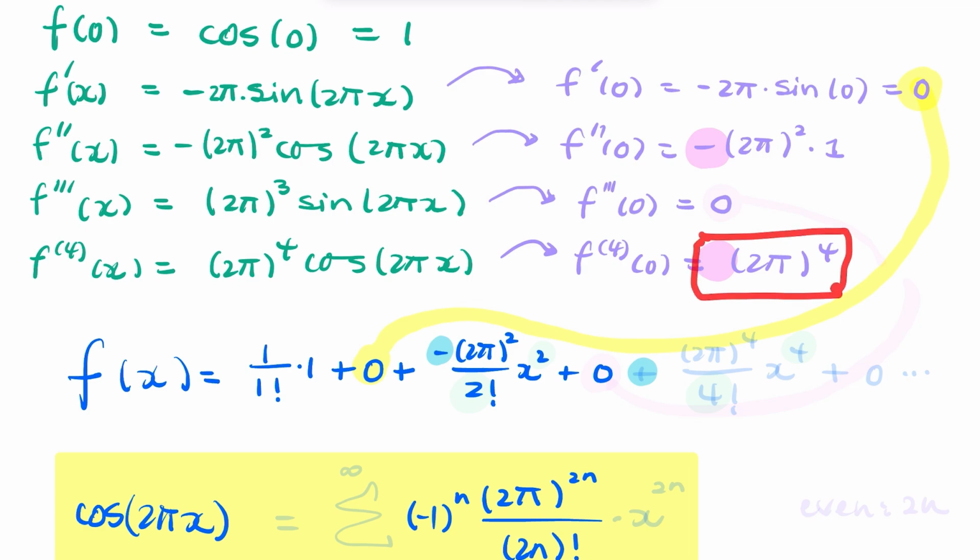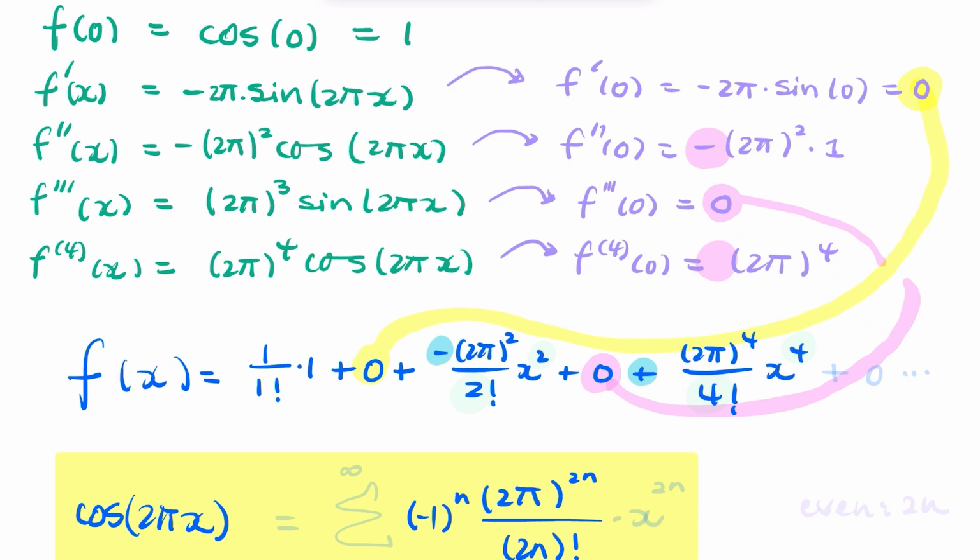So again, this 0 is this 0, plus 2pi to the power 4 over 4 factorial times x to the power 4, again plus 0, etc.